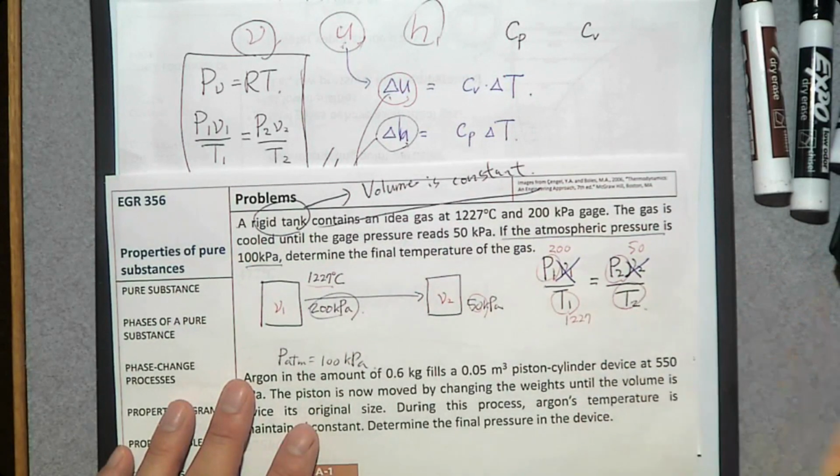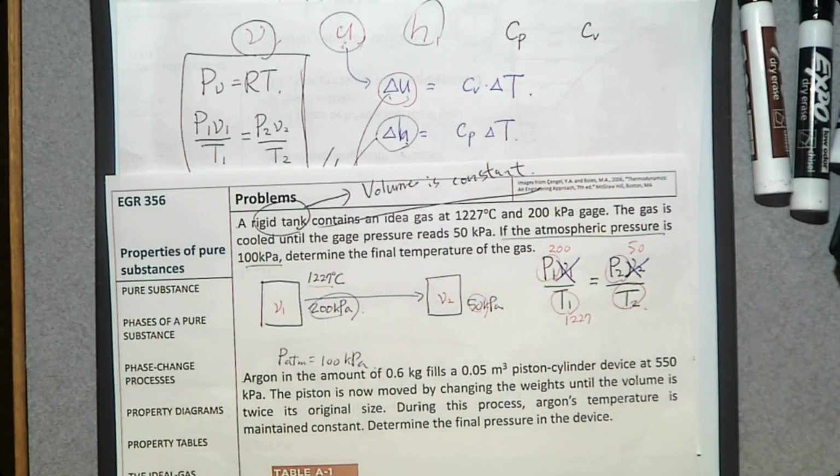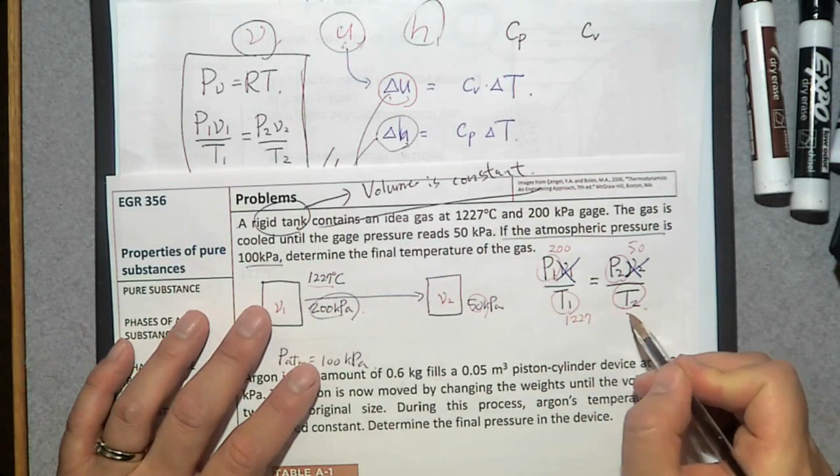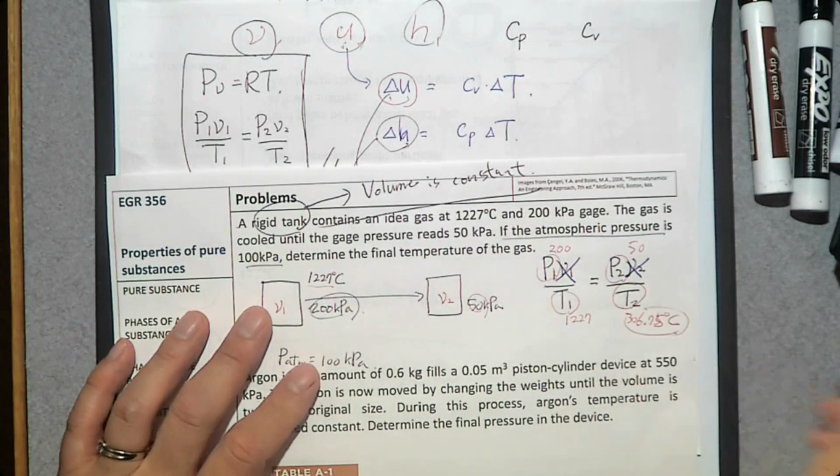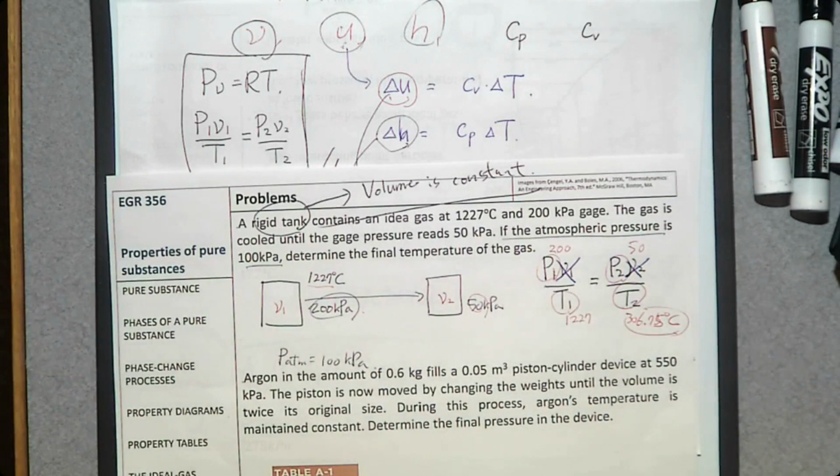What is T2? This one divided by 4. So if I calculate 1227 divided by 4, it's 306.75 degrees Celsius.